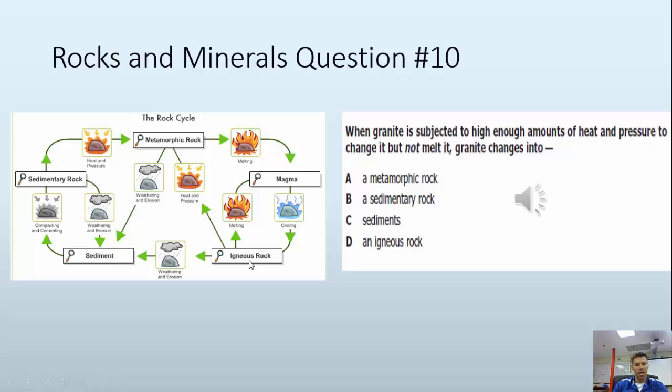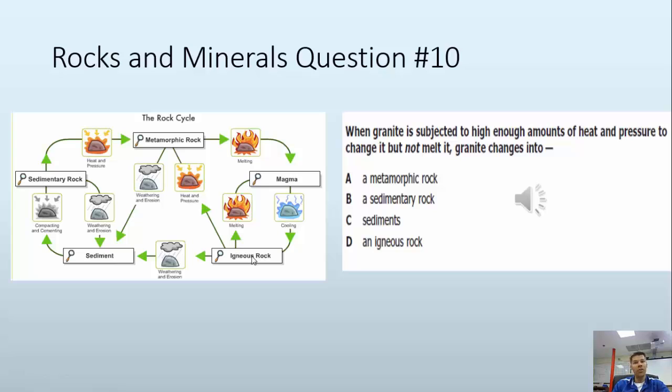And if you look at your more complicated version of the rock cycle here, we have melting, which turns into magma, which the cooling of magma makes an igneous rock. And then an igneous rock can get weathered and eroded away and turn into sediments and eventually made into a sedimentary rock. Or an igneous rock can get squeezed as two mountains collide.